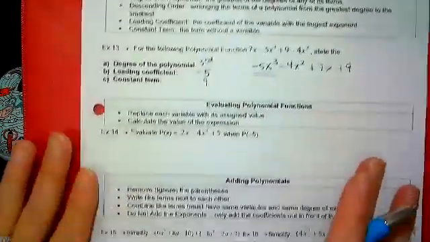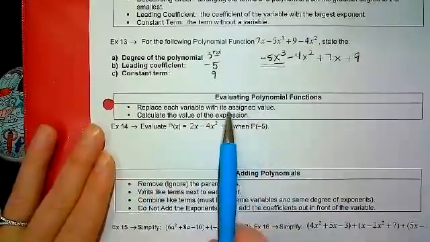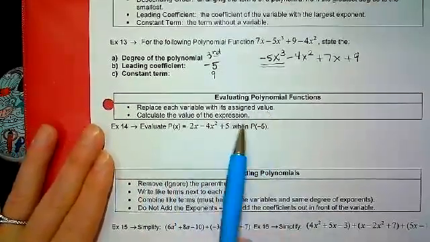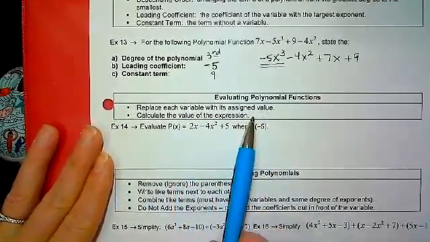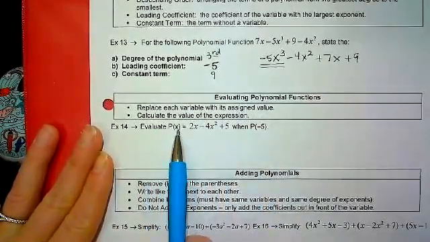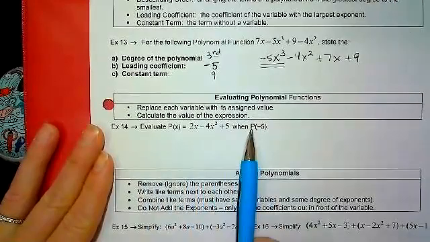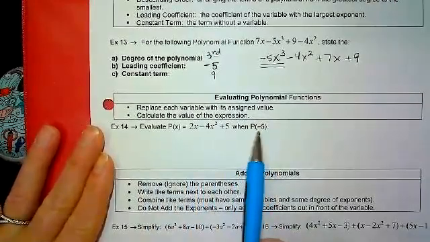If you're evaluating a polynomial function, you're just replacing each variable with whatever the assigned value is, and then calculate it. Do your order of operations, okay? So if this says evaluate p of x, and then this is the polynomial, when p, and then in parentheses, you see a -5.